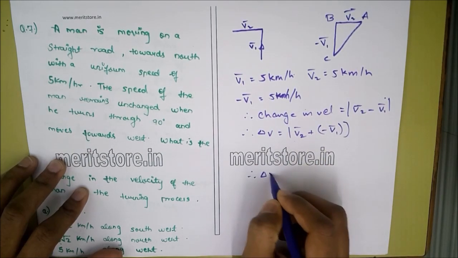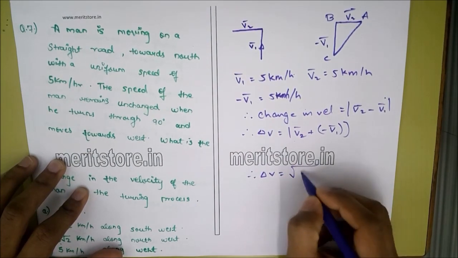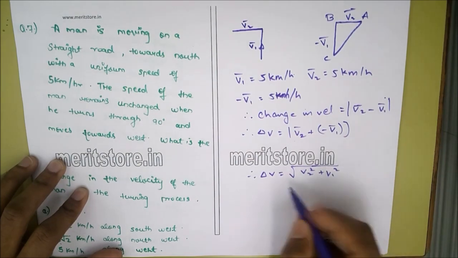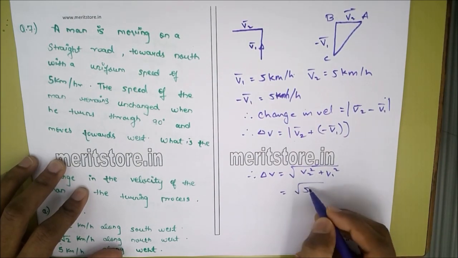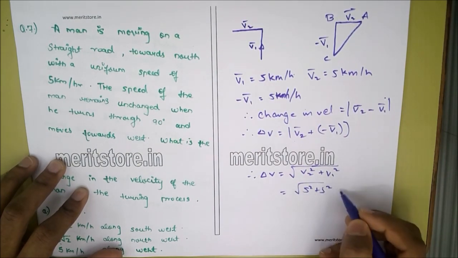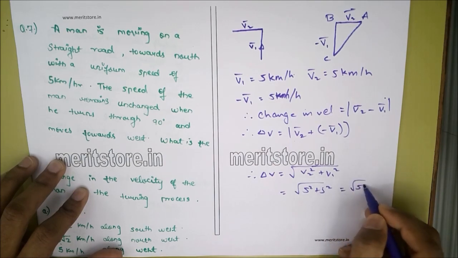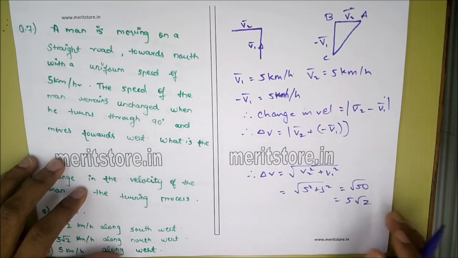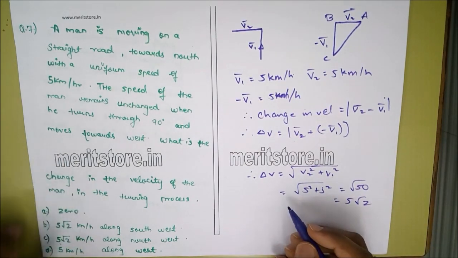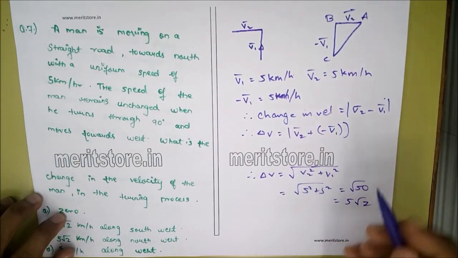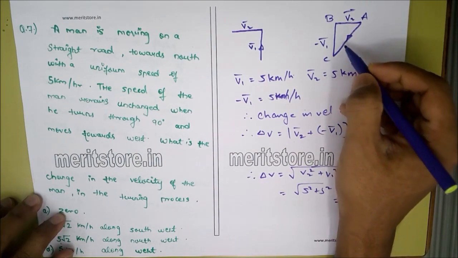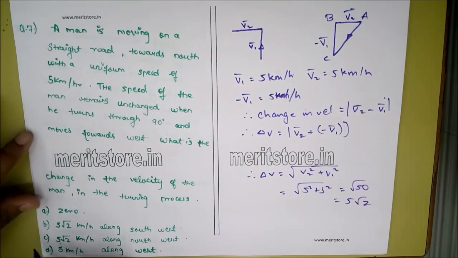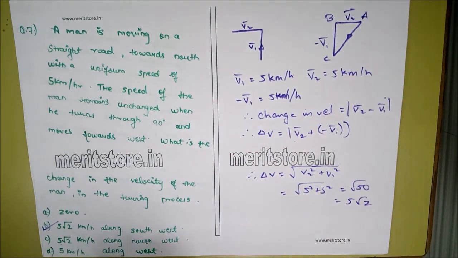So delta V can be written as root of V2 square plus V1 square, root of 5 square plus 5 square, which is equal to root 50, that is 5 root 2. Therefore, change in velocity is 5 root 2 kilometers per hour along the line AC, which is nothing but along southwest. Hence, option B is the correct answer.